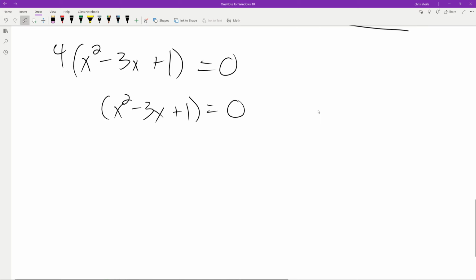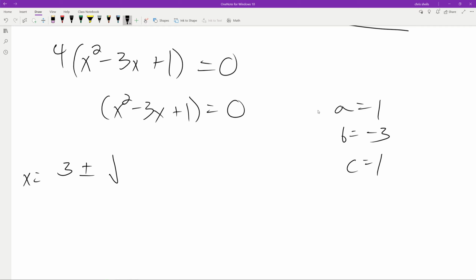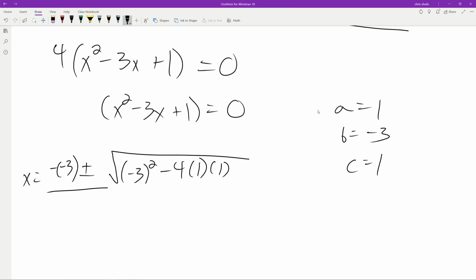But this will make our arithmetic a little bit simpler, because now a is 1, b is negative 3, and c is 1. So x is the opposite of b, negative 3, plus or minus the square root of b squared minus 4ac, all over 2a.